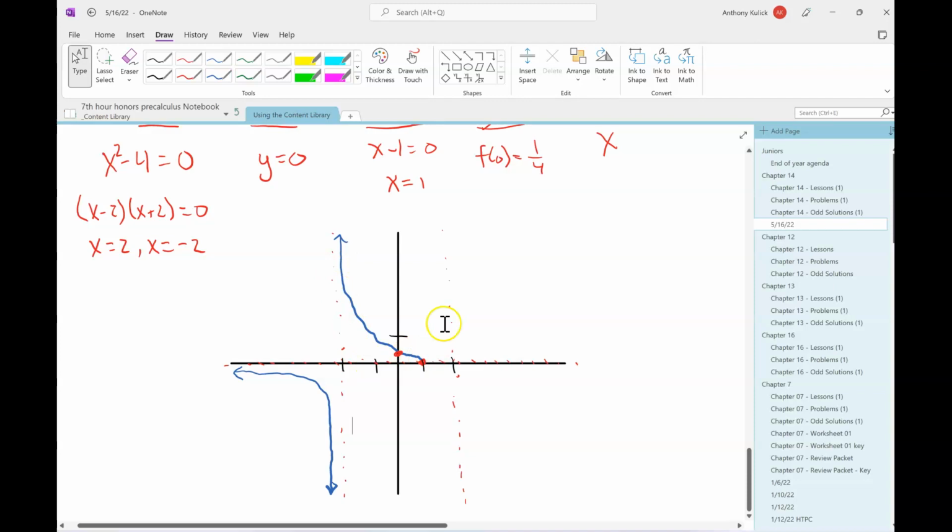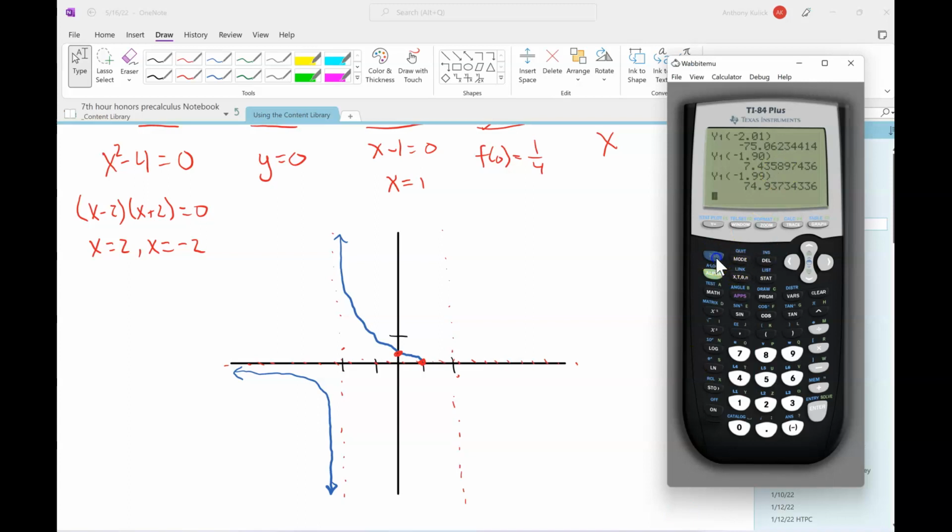Now I need to see whether I'm going to be going up or going down at the next asymptote. So I'm going to see what's going on on the left side of positive 2. So 1.9, 2.3... and then -24.